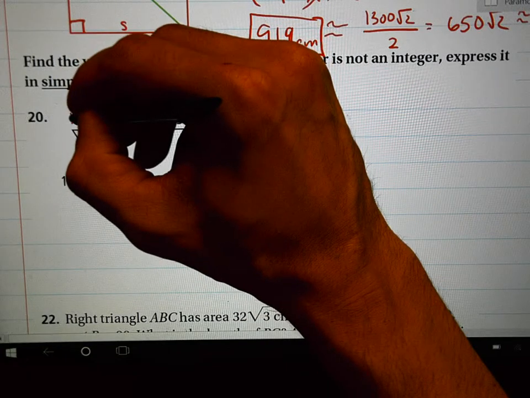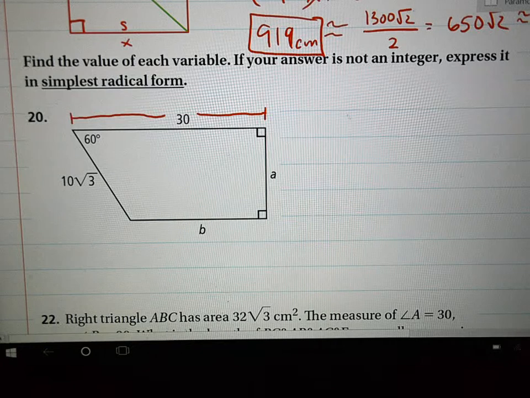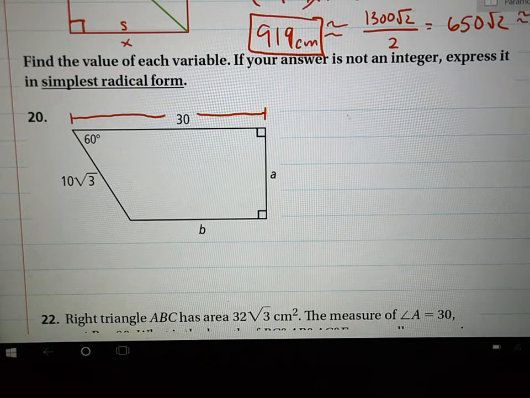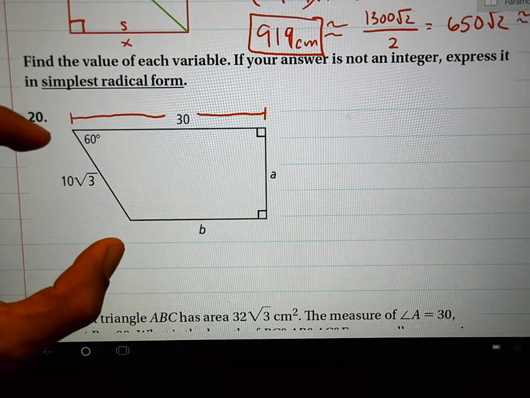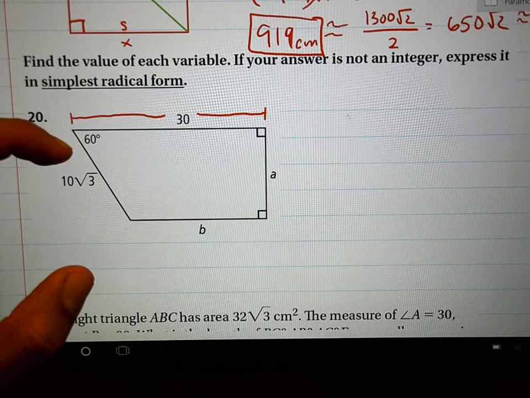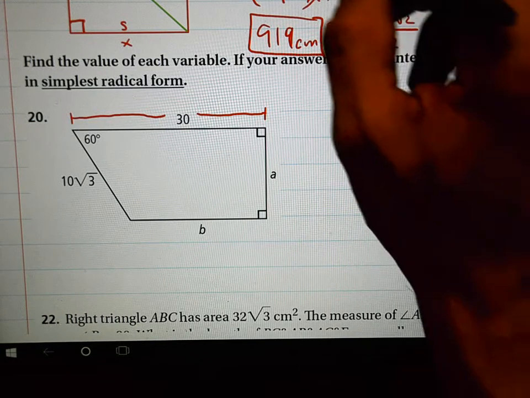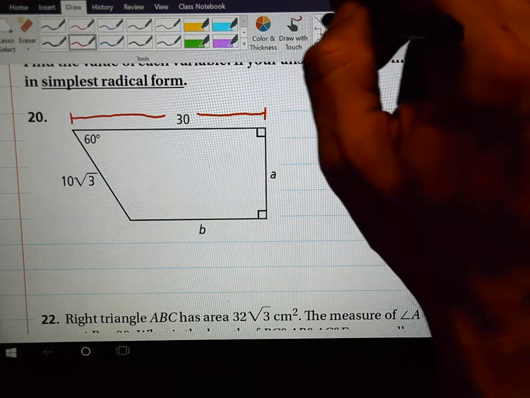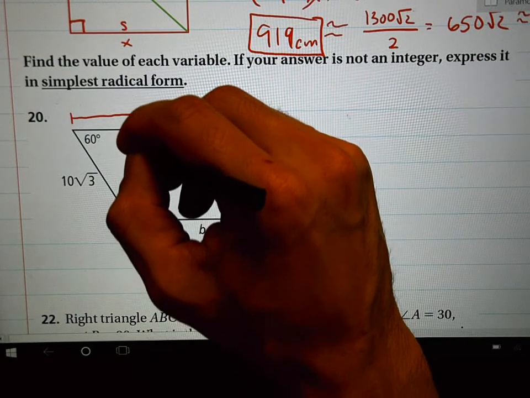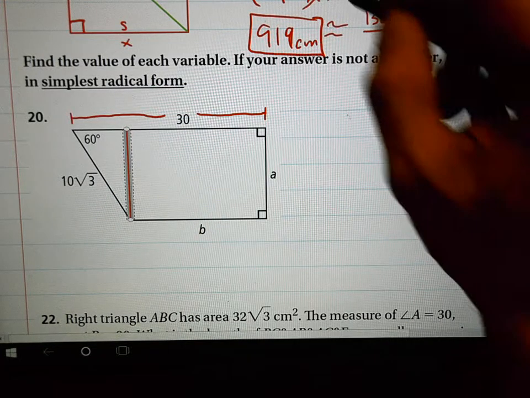From here to here is 30. That does not tell me how long B is. And then this diagonal, there's got to be something I'm going to do with it. And there's this 60, there's going to be something I'm going to do with it. But I couldn't quite figure it out until I drew a line. And my line went from here to there. That's what I would recommend that you do on yours.